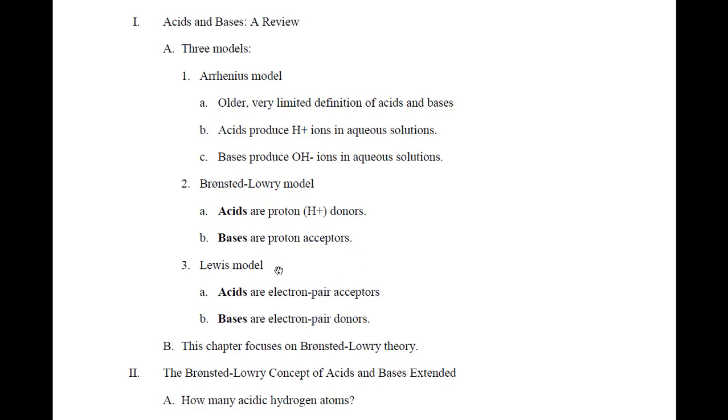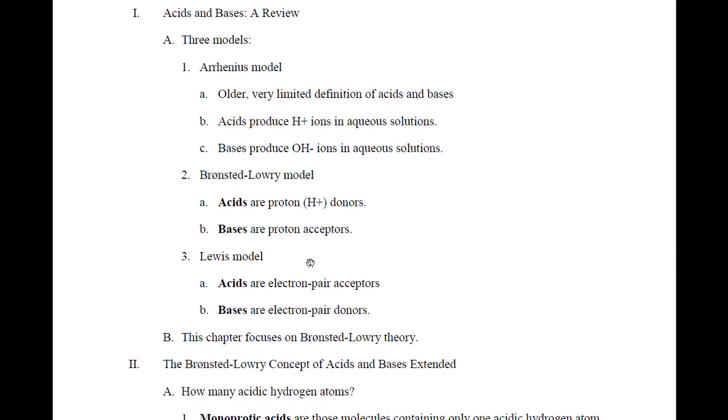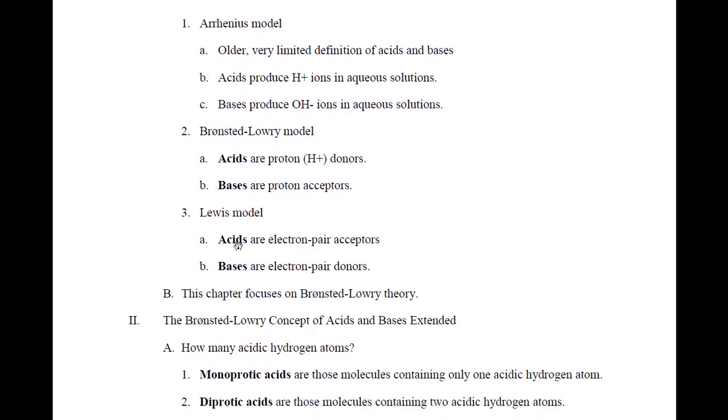The Lewis model of acid-base terminology has that acids are electron pair acceptors and bases are electron pair donors. This model, Lewis's model, is really the most general, most useful model.